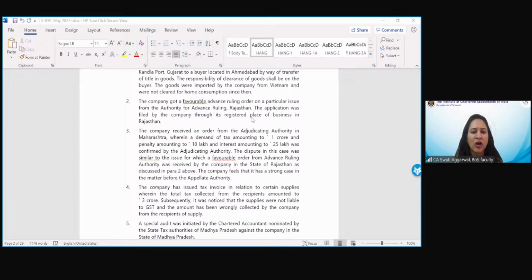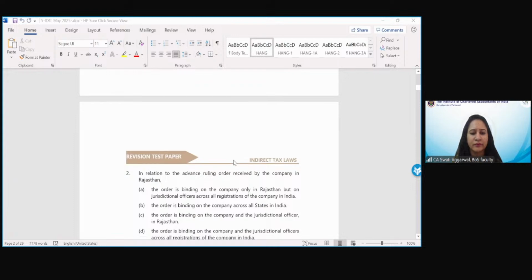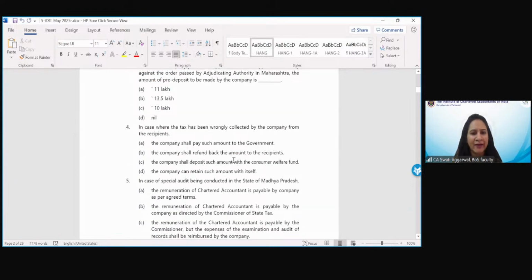Achha, you want to see the options again, Prashant? Okay. Options are A 11 lakh, B 13.5 lakh, C 10 lakh, and D is nil.